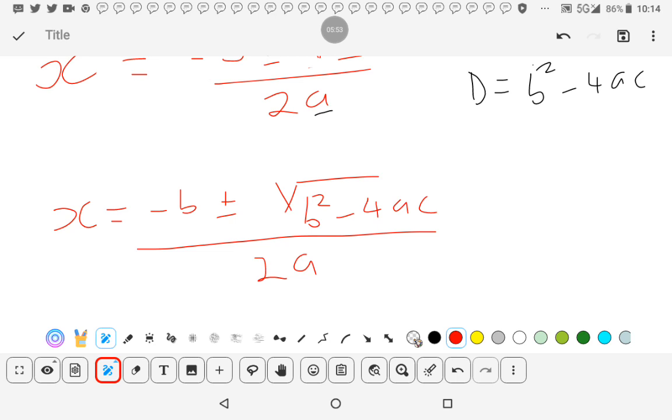So this is the general formula for solving a quadratic equation. If you master this formula, it becomes very easy for you to solve any quadratic equation problem. So let's take an example on how we can make use of this formula to solve for x in a given quadratic problem.